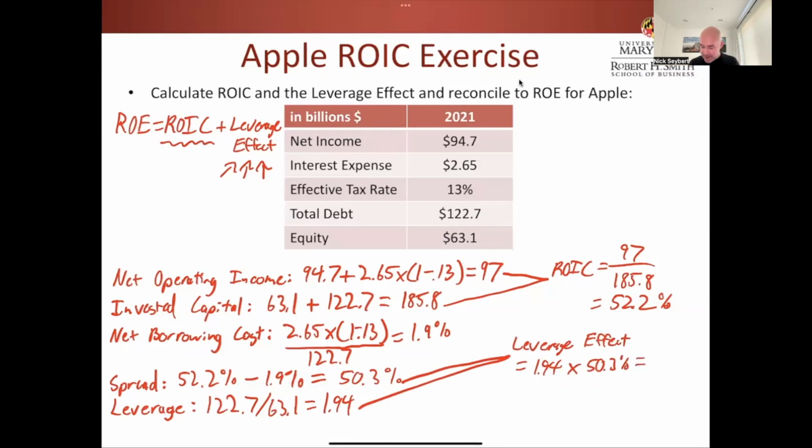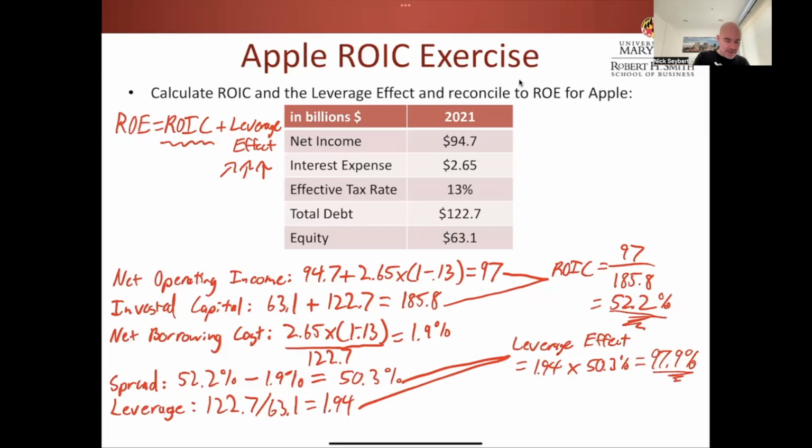And if you do that, you get an insane 97.9%. So this company generates a core return of 52.2%, and then it magnifies or augments that with an additional 97.9% leverage effect when we're talking about what comes to the shareholders.